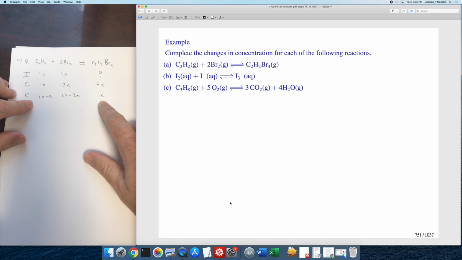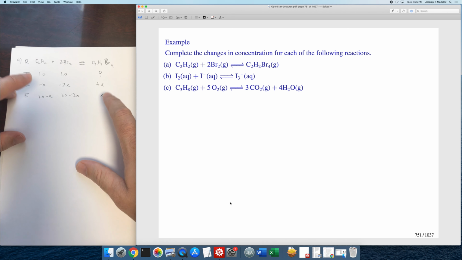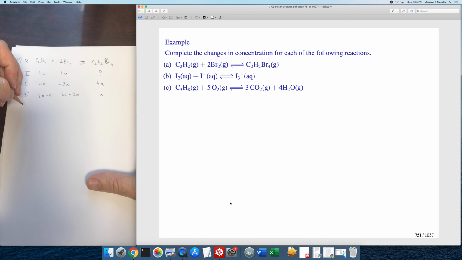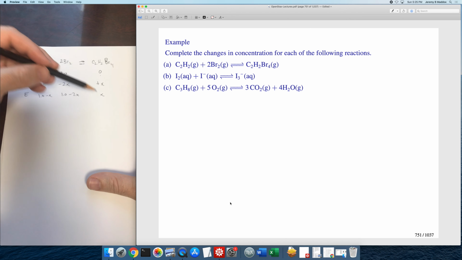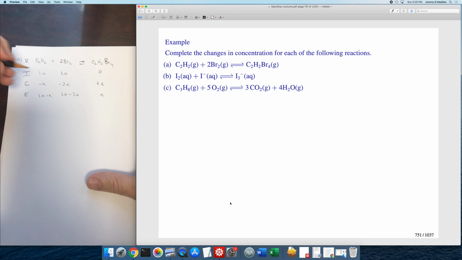The value of x, which is called the extent of reaction, is unspecified at this point. We don't know what that is. But at equilibrium, x will take on a particular value, and the concentrations of each species are determined by these expressions and what that value is.